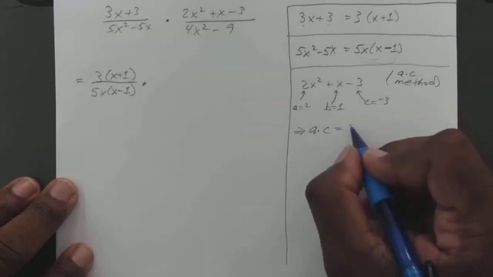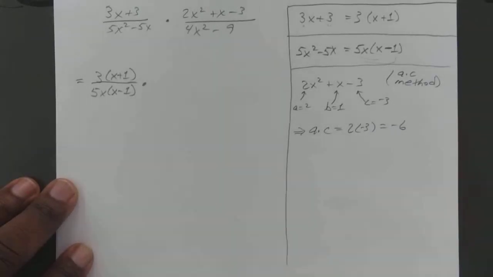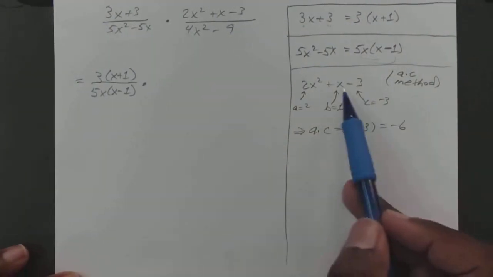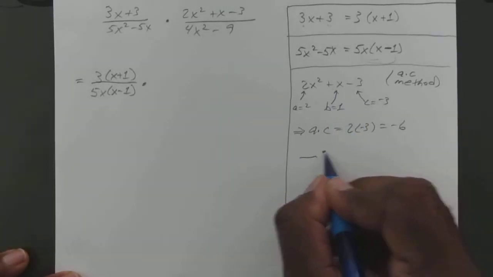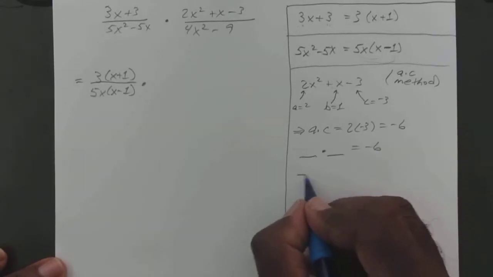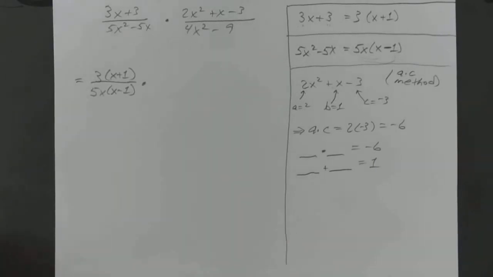Which means that A times C is 2 times negative 3, which is negative 6. So we have to find two numbers that multiply to equal negative 6, and those same two numbers have to add to equal your B, which is 1.